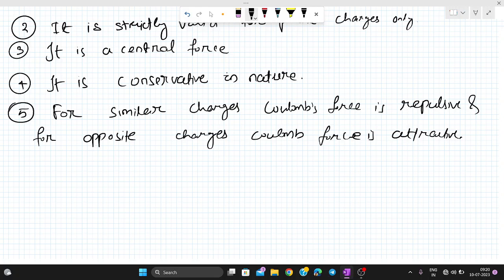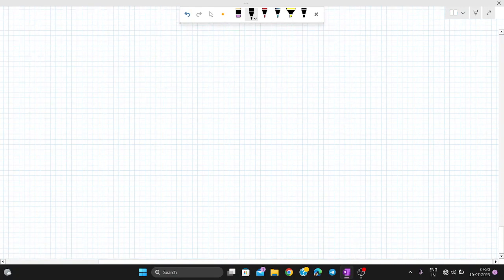So let's move to our next point, that is the vector form of Coulomb's law. How we represent Coulomb's law vectorially, how we prove it vectorially. Okay, let's start with vector.